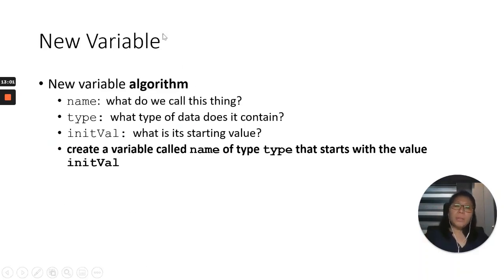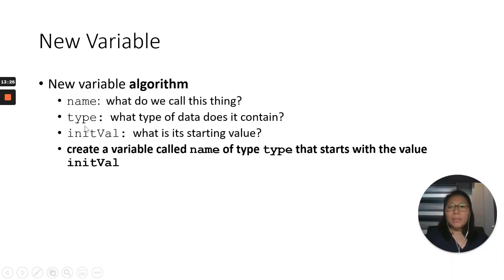So a new variable, how do we create a new variable? Here is the algorithm for a new variable. Again, I will emphasize this is a general algorithm. We have name. So this one is what we want to call this variable.